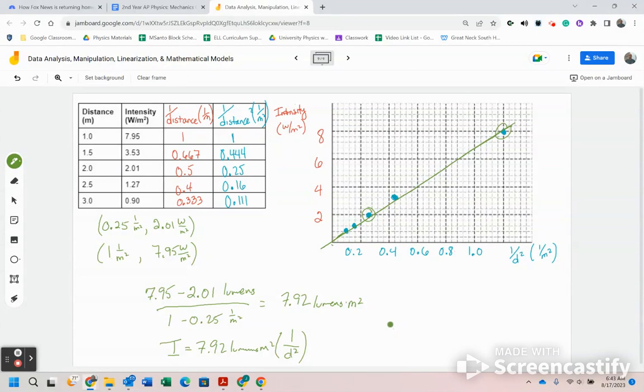That was the question we started with here. So I is equal to 7.92 times 1 over 5 squared. And when we calculate that, we will find that the intensity is equal to 0.317 lumens.